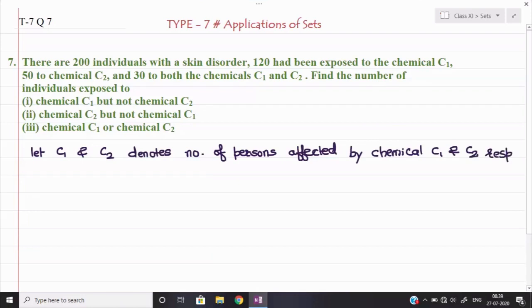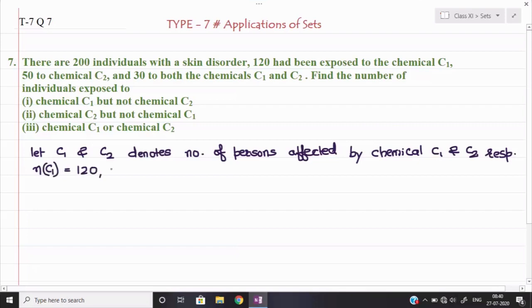Now we will write down the values given here. 200 individuals with a skin disorder, 120 had been exposed to the chemical C1. So here N of C1 is equal to 120.